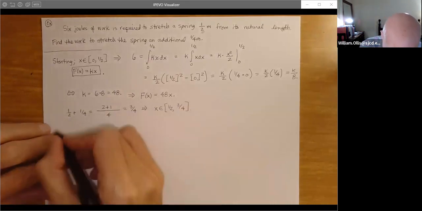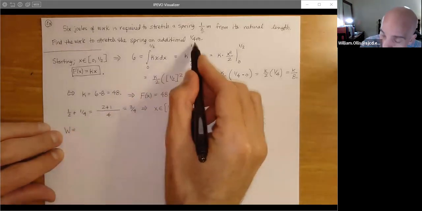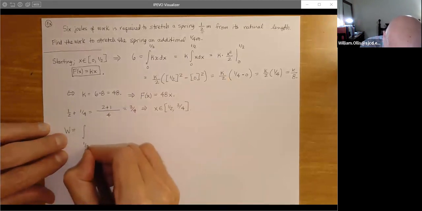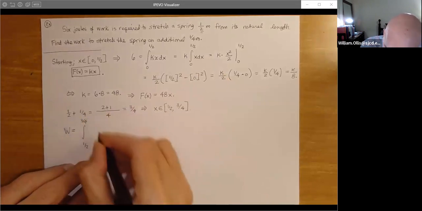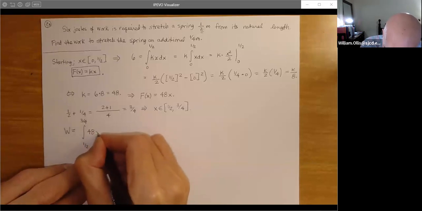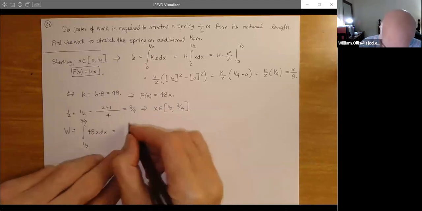So now, by definition, the work that we need for the additional stretching will be the integral from 1/2 to 3/4, and then we have our variable force, which is 48x dx. So we'll go ahead and factor the 48.